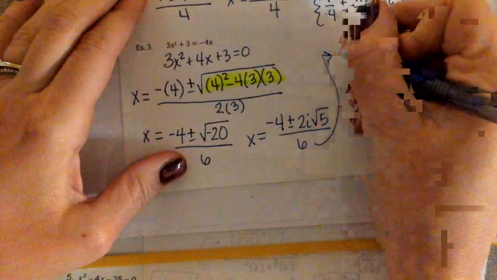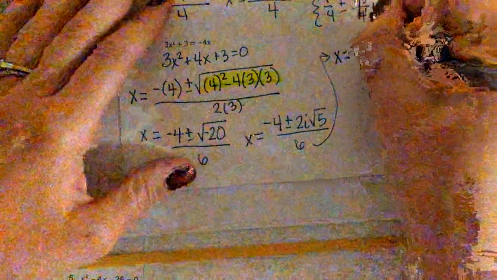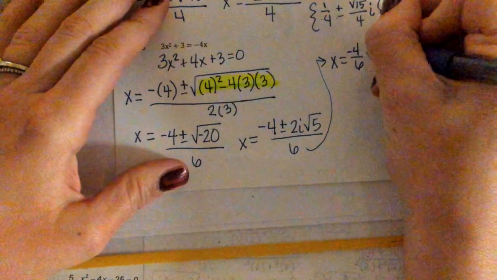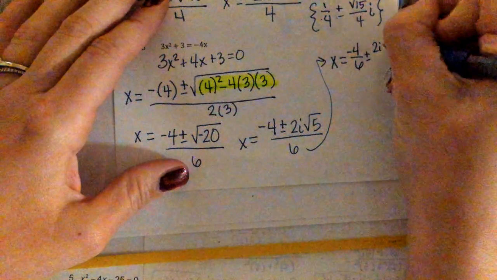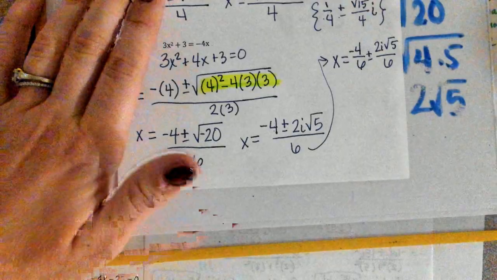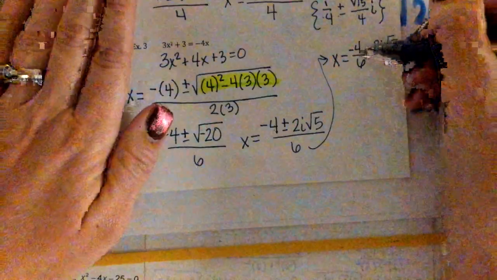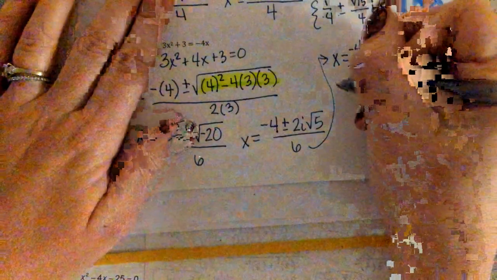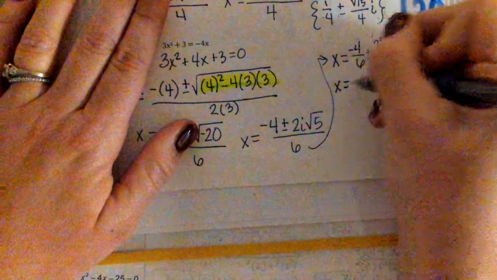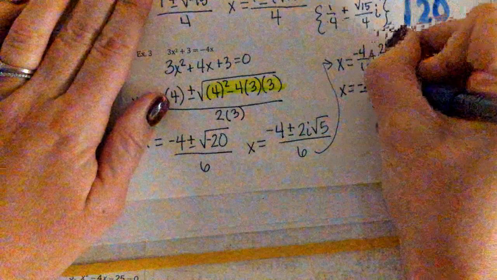So x is going to equal negative 4 over 6 plus or minus 2i root 5 over 6. And then, yes, then we can simplify. But I don't have to look at it as 3 numbers at once. I can look at them as 2 separate fractions. So negative 4 over 6 simplifies to what? Negative 2/3.